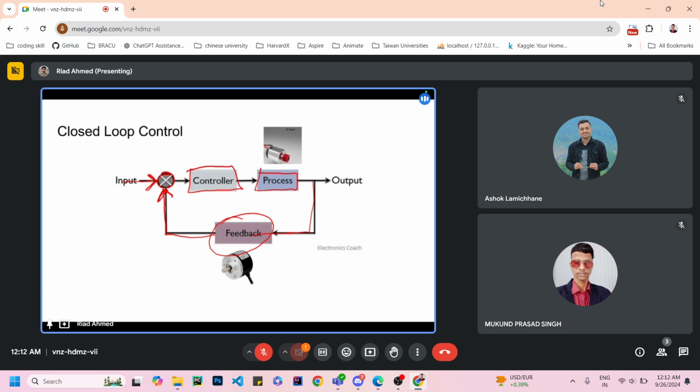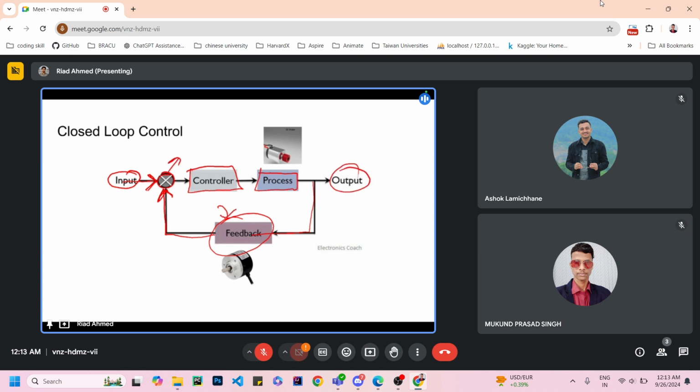This operator is called a summing point, and another name of this element is comparator. What this comparator is doing is making the difference of the input and the actual velocity, or the output.